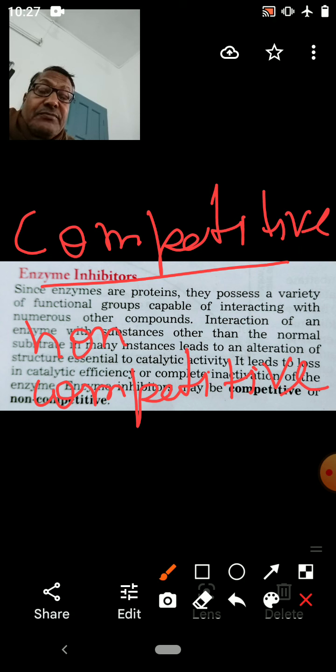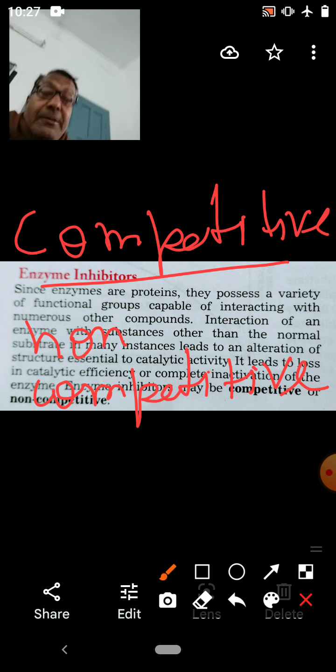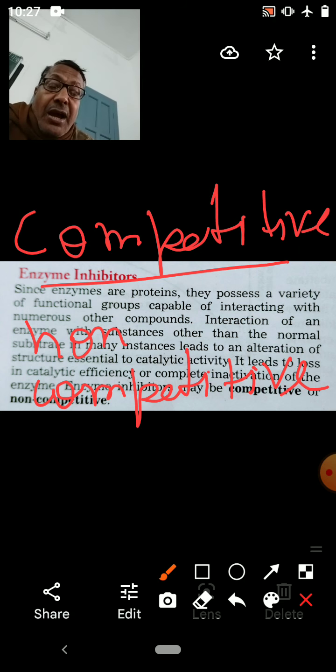But here, instead of the substrate molecules, the inhibitors, whose structure is similar to the substrate molecules, have attached to the molecules of the enzyme. There is one example. This will help you to understand how competitive inhibitors work.